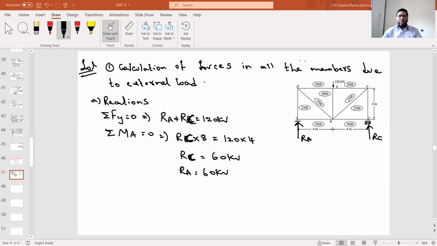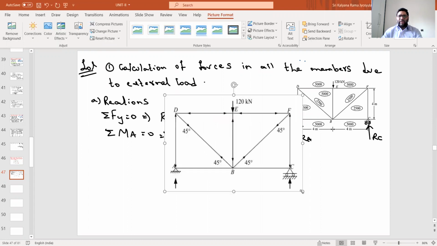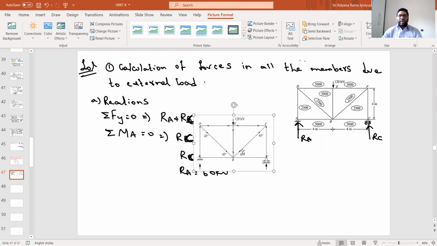So this is exclusively when only external load is acting. So that point we should not forget. And one more thing is, if you see the inclinations, all the inclinations are 45 degrees, because you see here all the dimensions are the same.